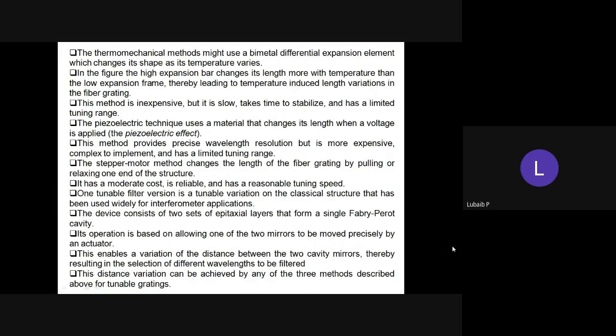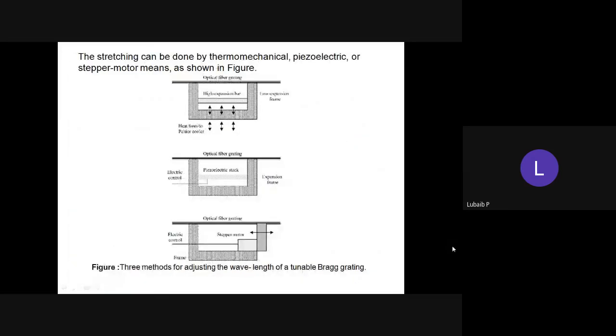So in the figure, the high expansion bar changes its length more with the temperature than the low expansion frame, thereby leading to a temperature-induced length variation in the fiber grating. You can see in this figure a high expansion bar, and heat is applied to the high expansion bar.